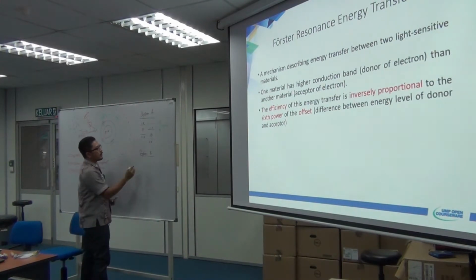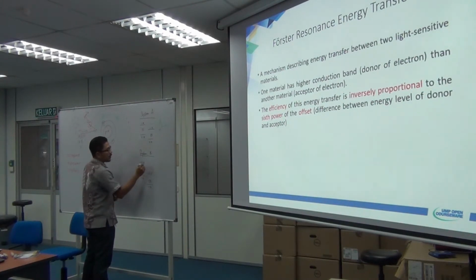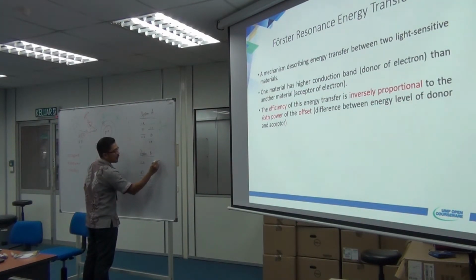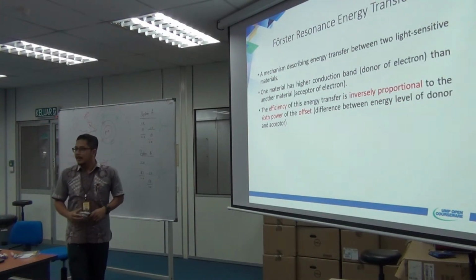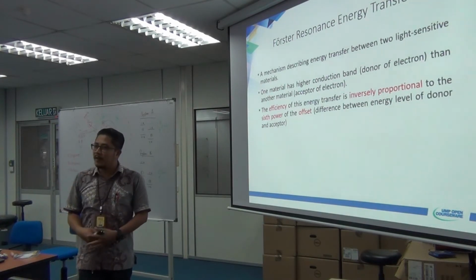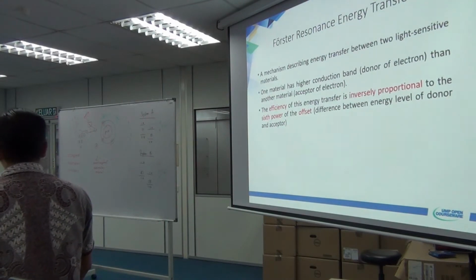And we have system B, conduction band, valence band, material 3, and conduction band, valence band of material 4. And the offset is, for example, 0.5 electron volts. So which system do you predict will give you high efficiency of FRET? System A or system B?